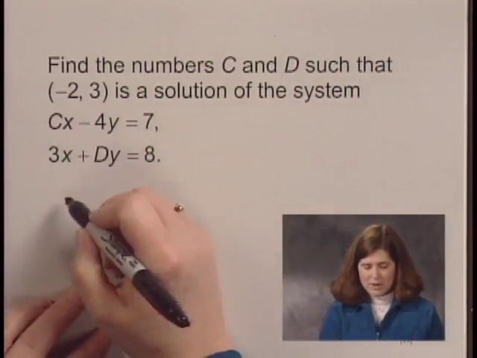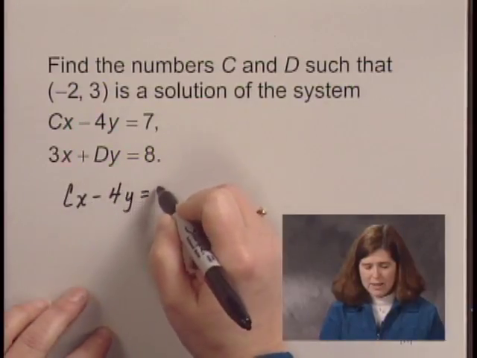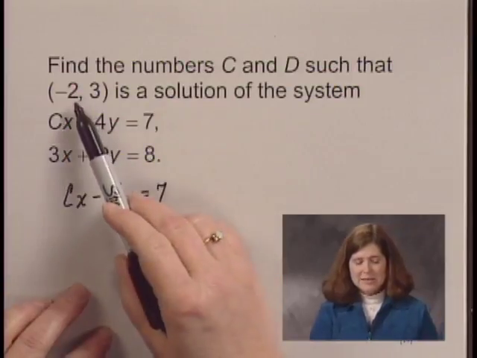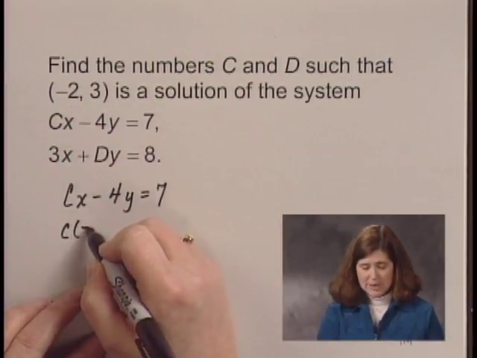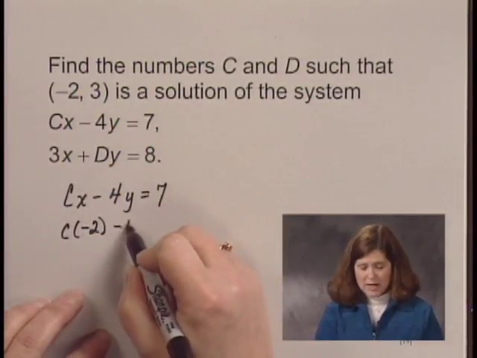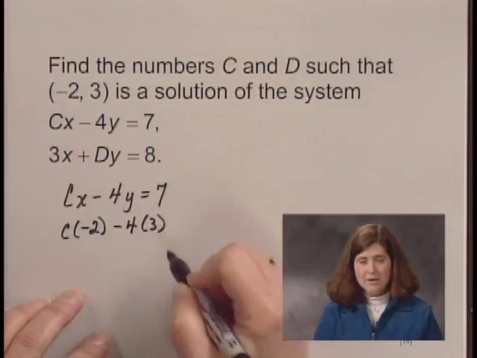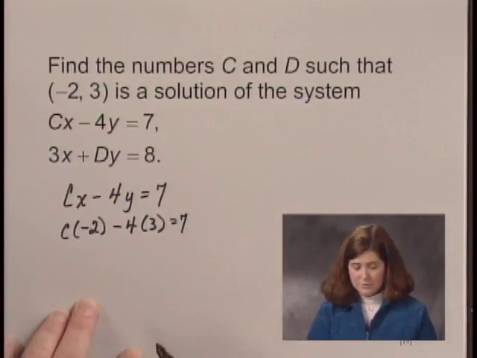So let's begin over here with cx - 4y = 7. Since this is a solution of the system, I can write c times -2, substituting -2 for x, minus 4 times 3, substituting 3 for y, equals 7.